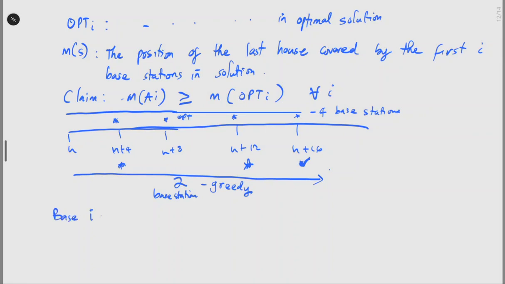So our base case where i equals 1. So when we have only one house, let's say we have just house 1, our optimal would use 1 base station. And our greedy would also use 1 base station for house 1.